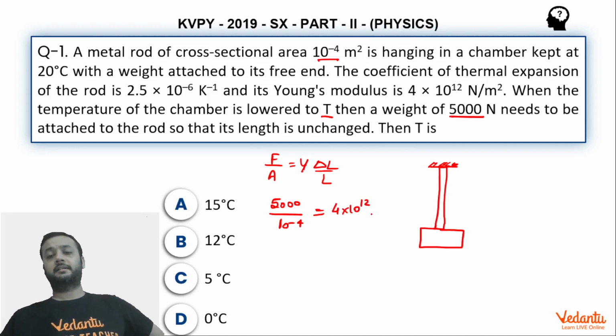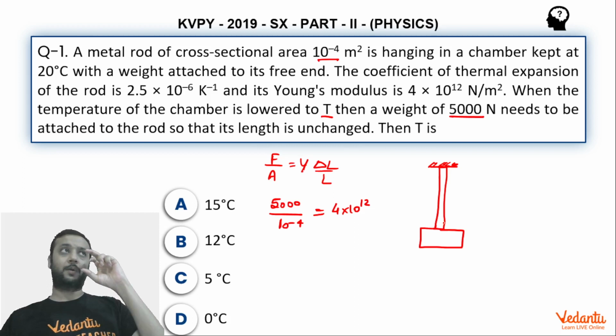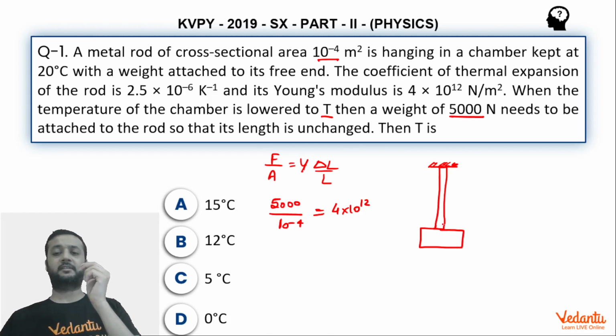Okay, now can we say that since the rod was about to contract, so rod was trying to acquire some less length, but we have put 5000 Newton of extra weight, so we are creating that sort of strain.